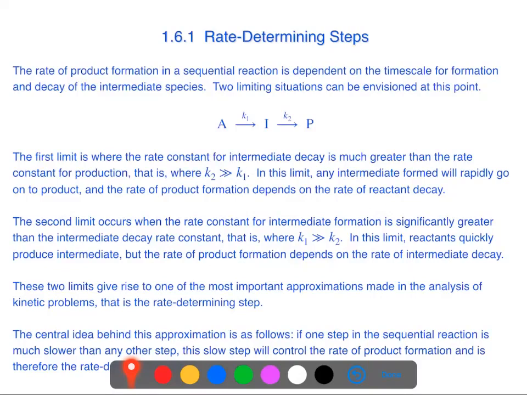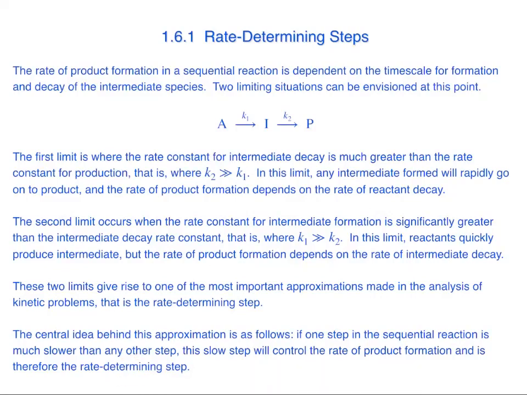Which step in a particular mechanism, in a sense, determines the overall rate of product formation. So the central idea behind this approximation is the following. If one step in the sequential reaction is much slower than any other step, then this slow step will control the rate of product formation and is therefore the rate determining step.